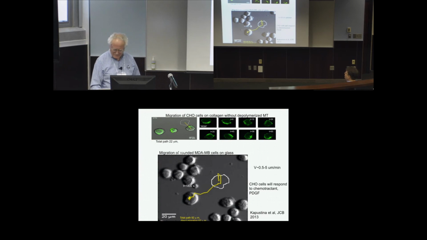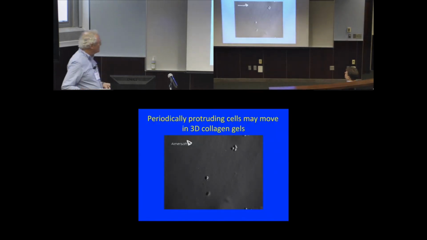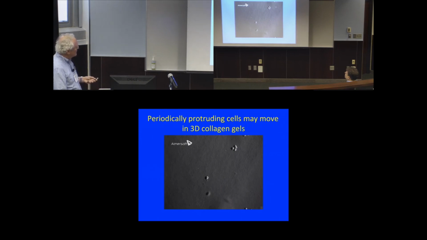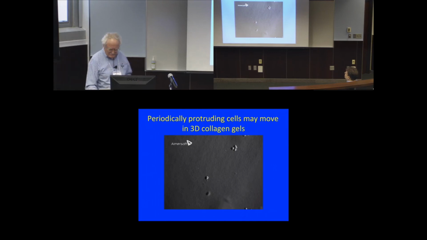And finally, here's some very new data from the last couple of weeks where Ramiro Cucciero has put these cells in a three-dimensional collagen matrix. So these cells are deep within this three-dimensional collagen matrix.